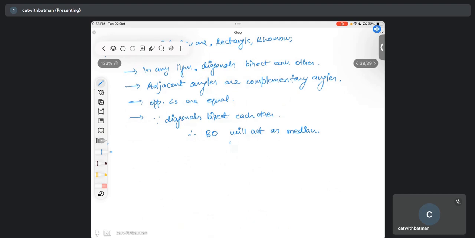So basically what I'm trying to say is if that is the case, then we can apply Apollonius theorem here.